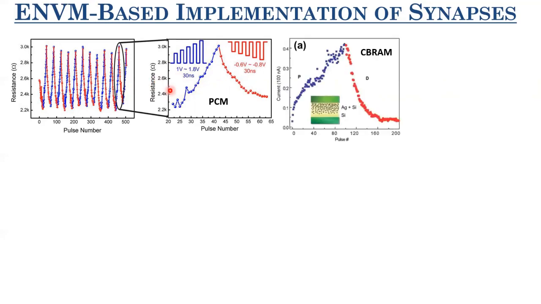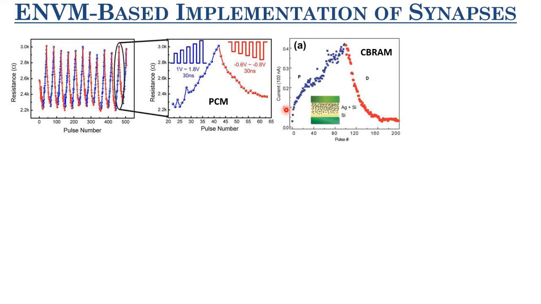Now let us talk about RRAMs or CBRAMs. For CBRAMs, and RRAMs also, the best part is that even if you apply pulses of identical amplitude, you achieve an increase in your conductance or a decrease in your conductance. And why does that happen? Even if you're applying the same pulse every time, you're providing some energy to your vacancies and your ions, so that based on the energy they receive, they can either recombine or be attracted towards the electrode.